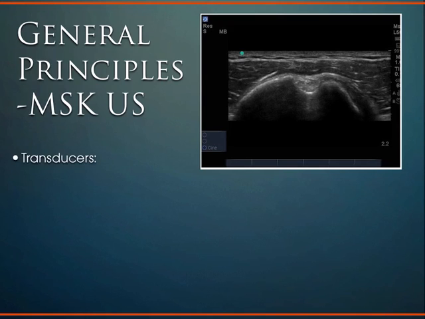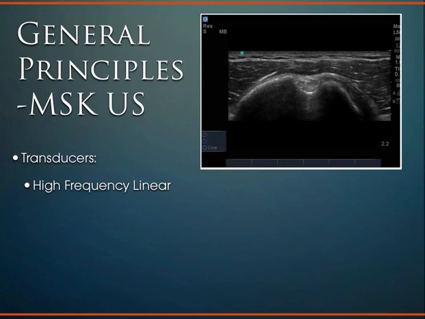So some general principles. We all learn about the different transducers that are used with ultrasound, linear and curvilinear, and the different frequencies. With musculoskeletal ultrasound, you need the high frequency linear transducer for a couple reasons. The high frequency gives you better resolution but less penetrance, and lower frequencies give you more penetrance but less resolution.